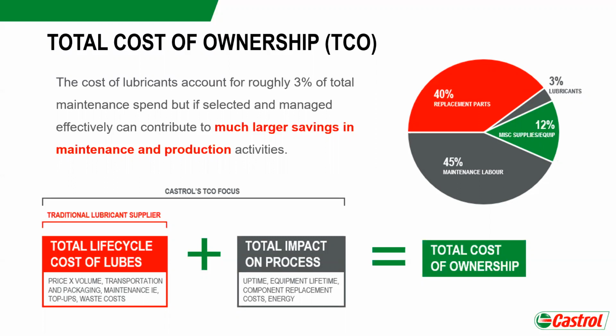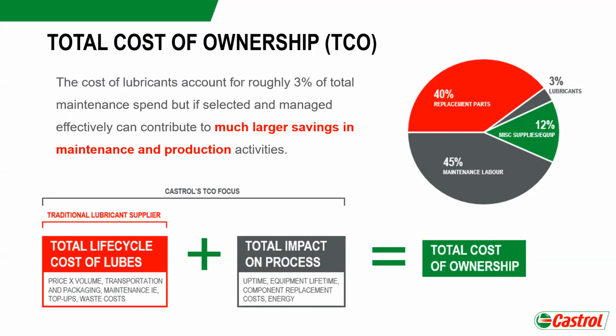So the pie chart in the top right corner there shows what a typical maintenance budget looks like. And globally, the actual spend on the lubricant is typically between the range of 3 to 5%. And that's through a number of different studies and a number of different industries.